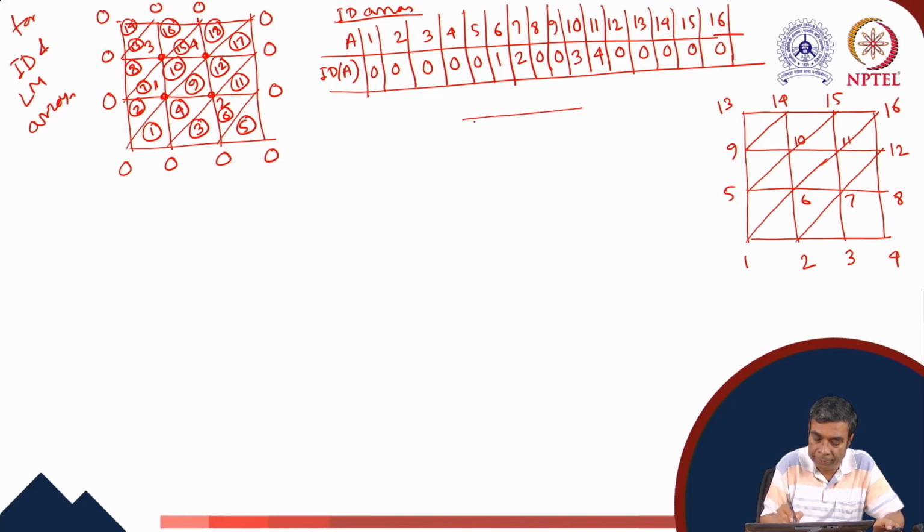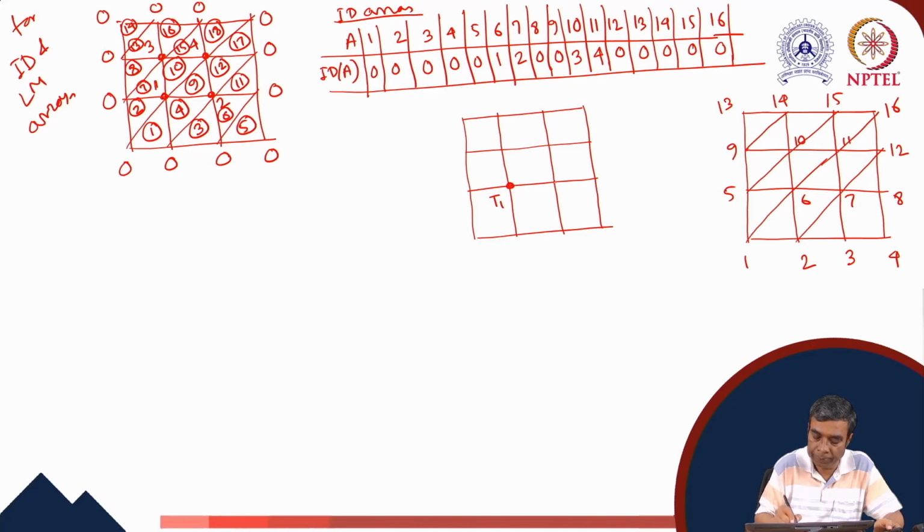It means that we have the degrees of freedom T1, T2, T3 and T4 at the internal nodes. This is the location of T1, this is the location of T2. Here we denote the unknown temperature as T3, and for this last node we have T4.